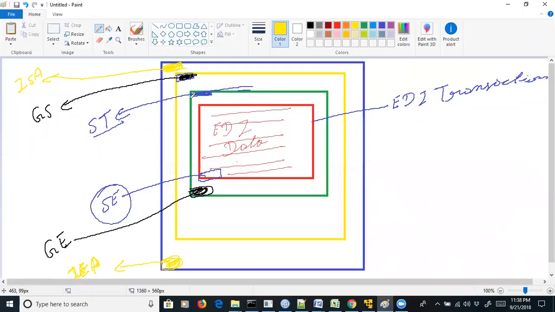The innermost transaction envelope has ST and then SE, the trailer. The group envelope has GS and then GE. The outermost interchange envelope has the ISA header, and the trailer is IEA.